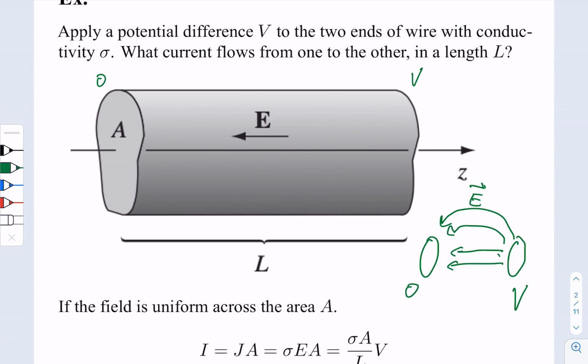But once you put the wire there, because the current cannot flow out of the wire, all the electric field should exactly follow this wire, and there won't be any leaking of this electric field.